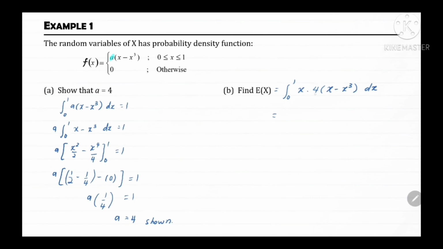Take out the constant and integrate from 0 to 1. x times x is x squared. x times x cubed is x to the power of 4.